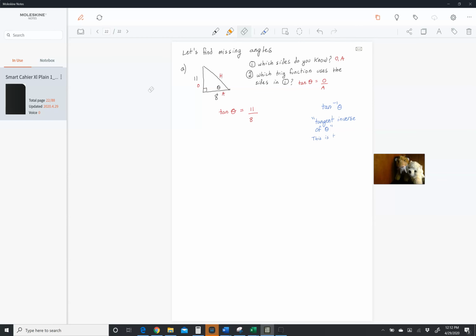This is the inverse function. So it will undo the tangent. Okay, so what does that mean? If we take the tangent inverse of both sides, the theta will disappear on the left.